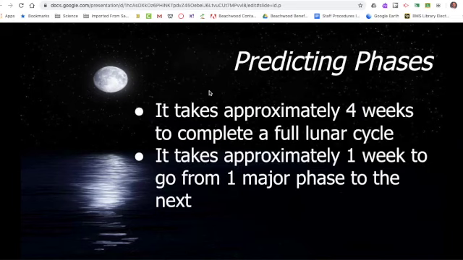So, one last thing as we're finishing the notes here. You might be asking, well, wait a minute. If the rotation and revolution is 27.3 days, how come our months are 30 or 31 days?